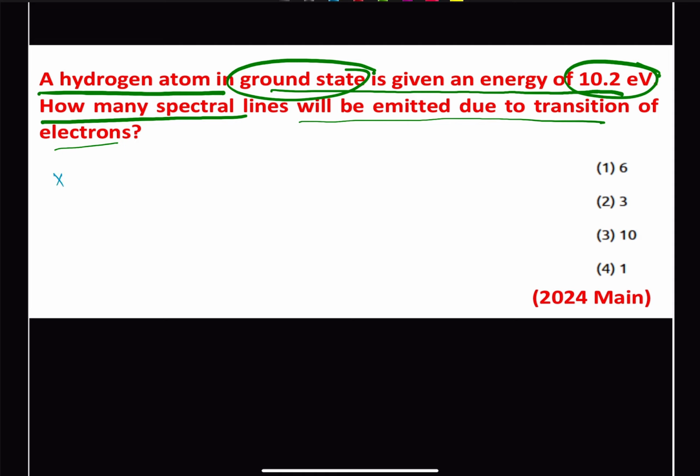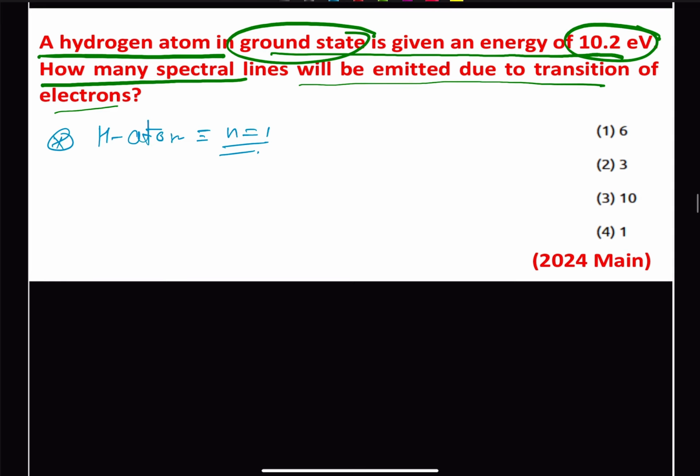So we can say that hydrogen atom is at ground state. It means value of n is equal to 1, and it should be transitioning to a higher energy, a higher state when energy is given to it.